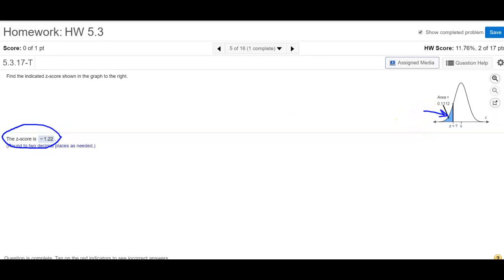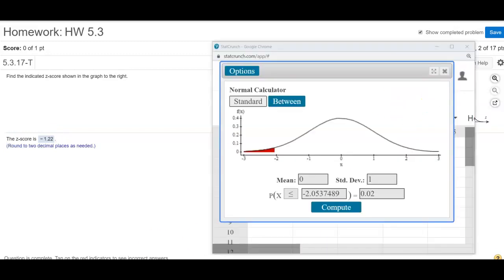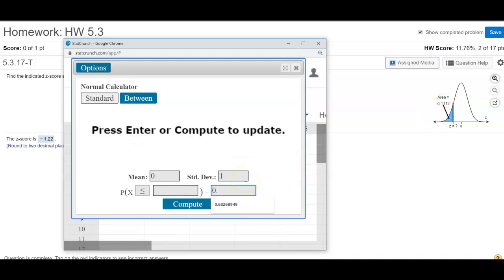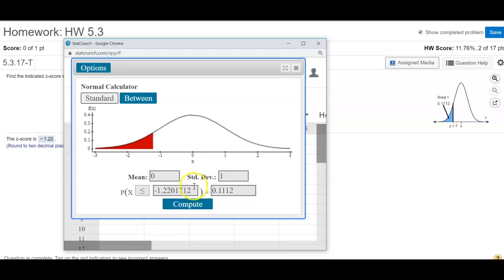So let me go ahead and plug that into my StatCrunch calculator here. So the area under the curve here is, what was my area? Let me look here. 0.1112, making sure I have the right number of decimal places. Once I have it, I always compare.